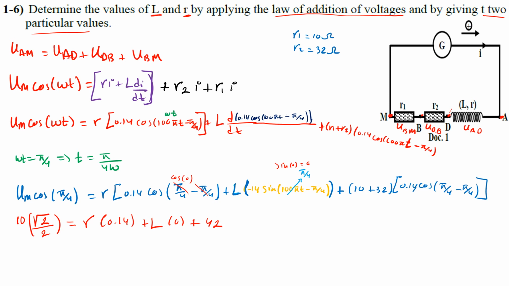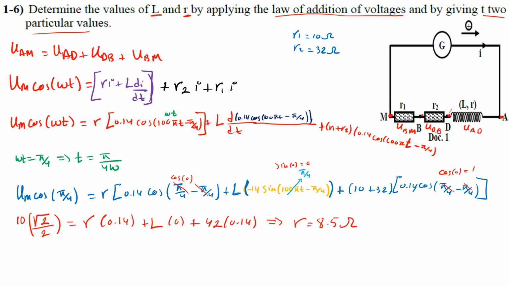So this one with this one, they cross out, and we get cosine 0 again, which is equal to 1, into 0.14. Rearranging the formula, we get that R is equal to 8.5 ohms.